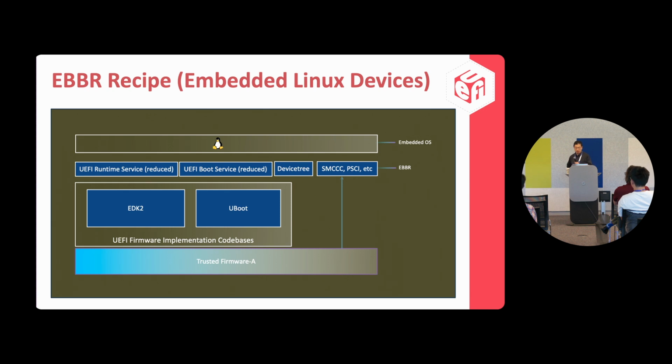And then on the EBBR side, as I said earlier, our focus is on the interface side as well. As you notice, the difference between EBBR and SBBR is really that the UEFI interfaces may be reduced. This is mostly for the embedded market, where some of the support is harder to fulfill. And then, of course, also the device tree rather than ACPI in this effort, right?